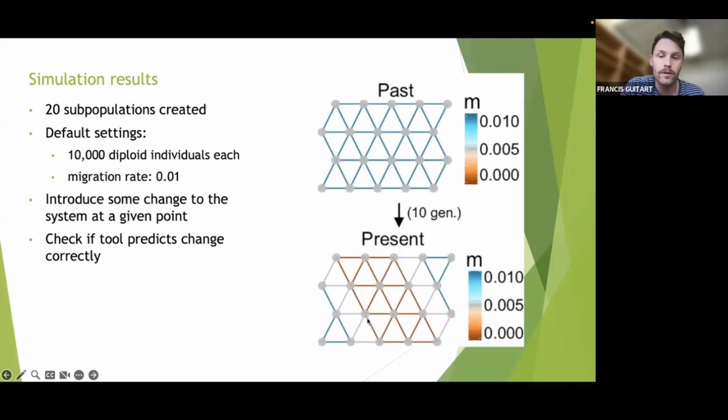That can be a result of a geographical change like a river or something else that has caused a sudden drop in migration. Then they took this data and tested their MAPS demographic modeling tool with it, and they wanted to see how well their tool recapitulates this user-defined history.